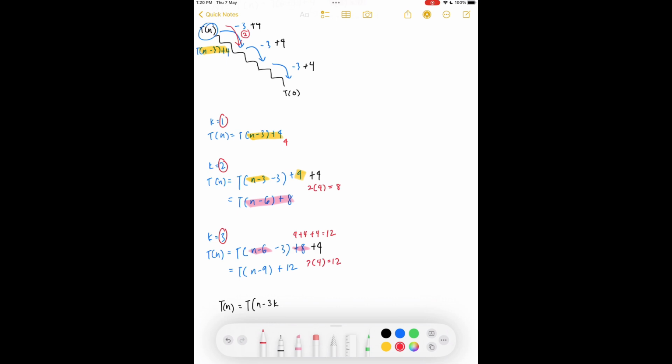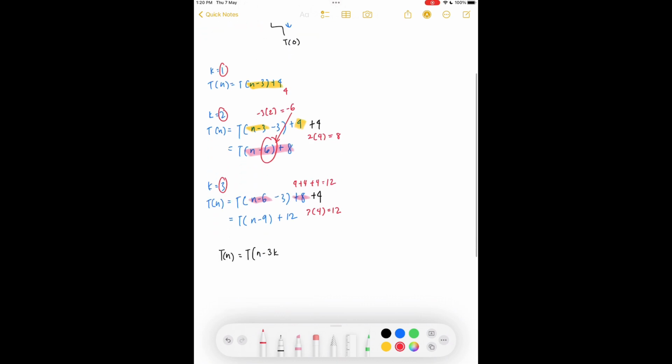So if you notice, minus 3k, right? So what if I put minus 3 darab 2? I will get negative 6, which is this. That is what's happening. You need to find out what the pattern is and you have to determine what the general equation is. So that's why I am taking n minus 3k.